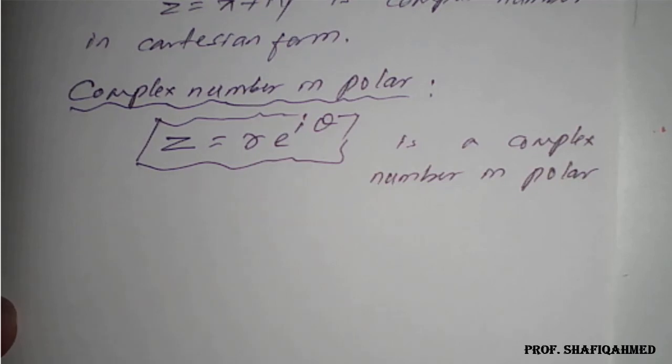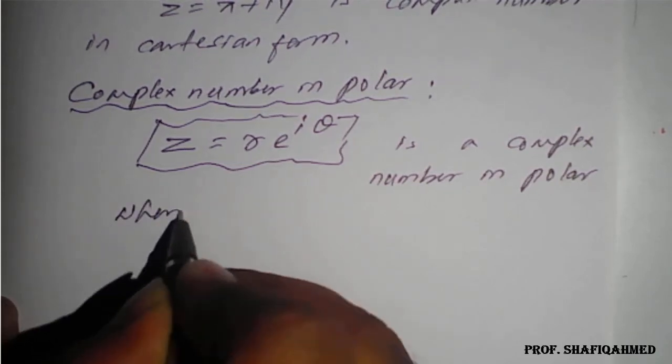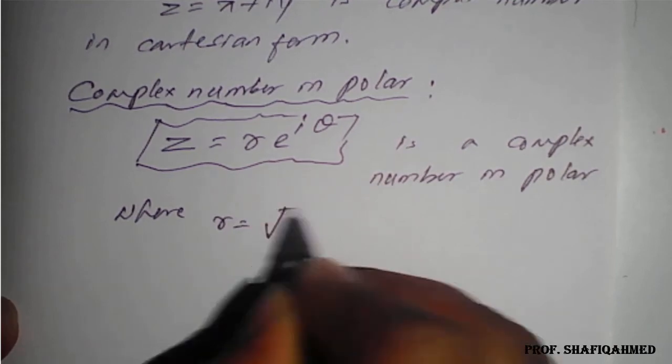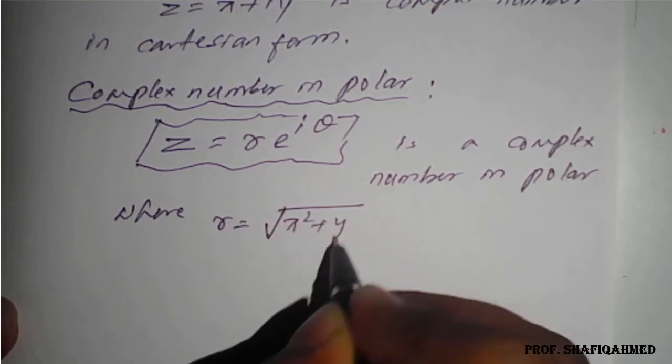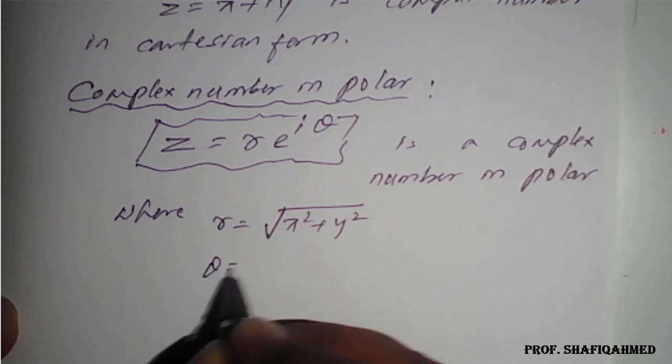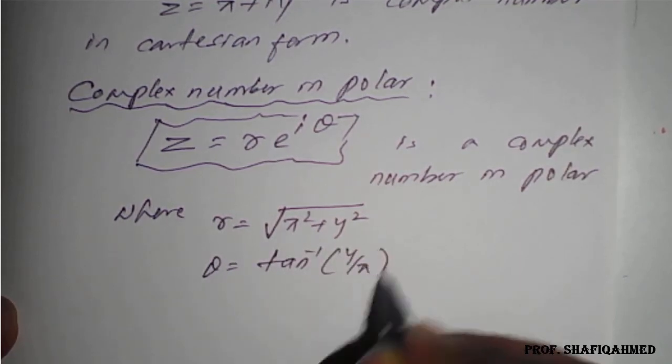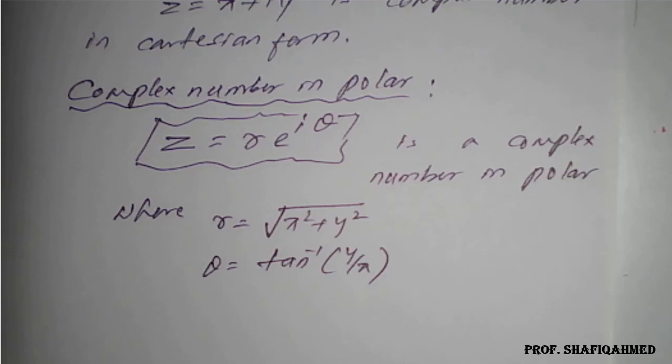Where r is nothing but square root of x square plus y square, and theta is nothing but tan inverse of y upon x. Theta is called the amplitude, which you have already seen.